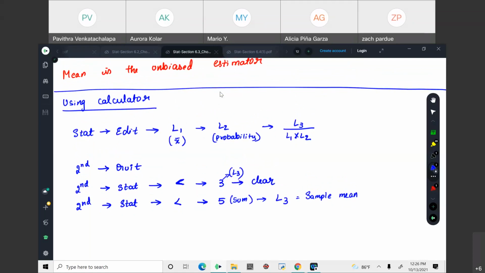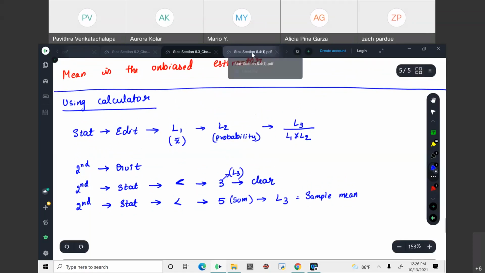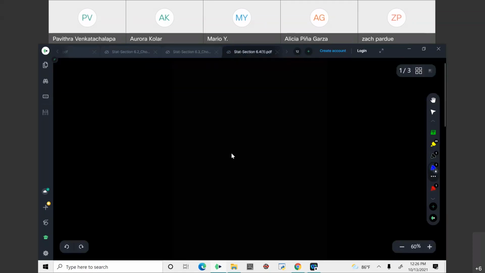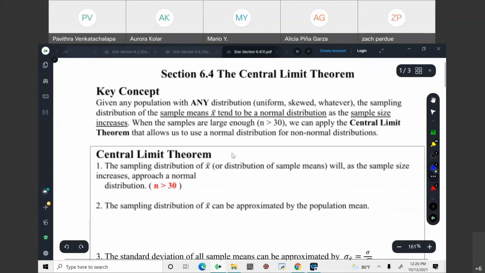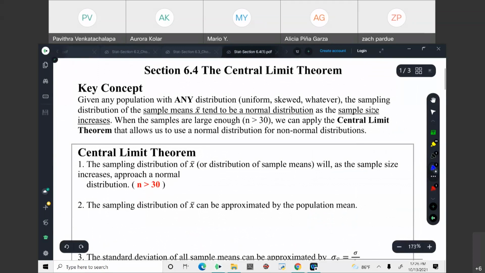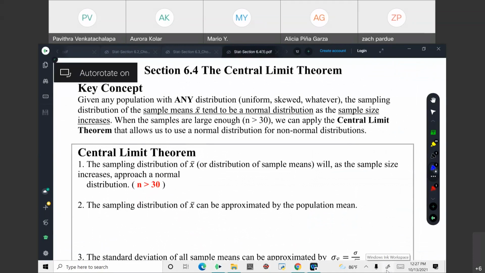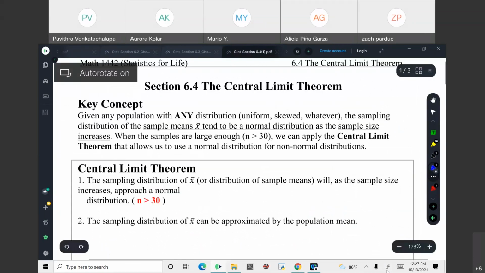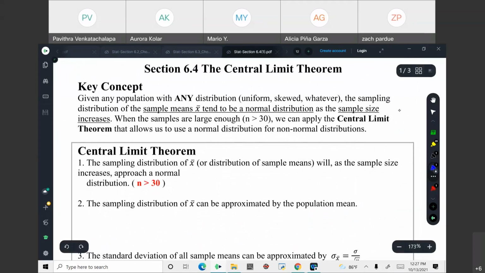Okay. So next is 6.4, central limit theorem. Now, what does this theorem tell us?